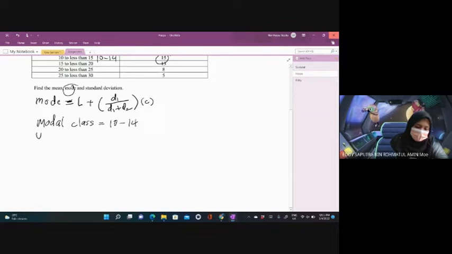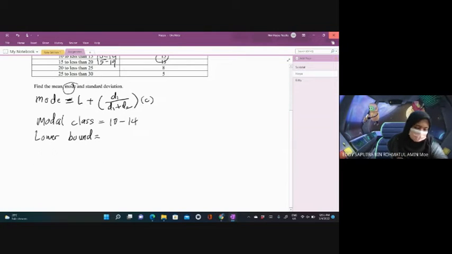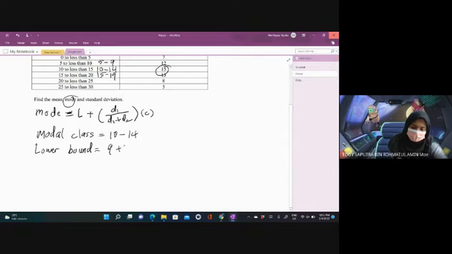Then we need to find the lower bound. The lower bound is between 5 to 9 and 10 to 14, so the lower bound is 9 plus 10 over 2, which equals 9.5.